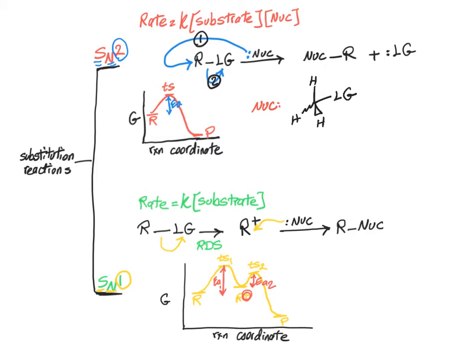So the nucleophile cannot get close to the molecule from the side that the leaving group is on. So it has to attack from the back side to the alpha carbon and kicks out the leaving group. This is called backside attack.